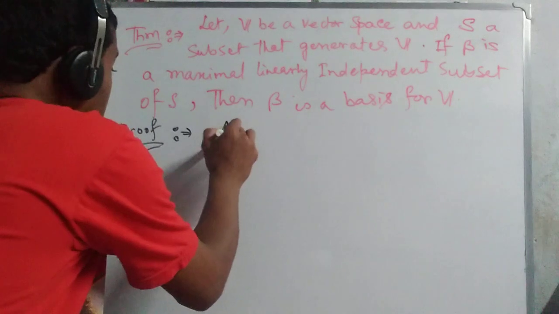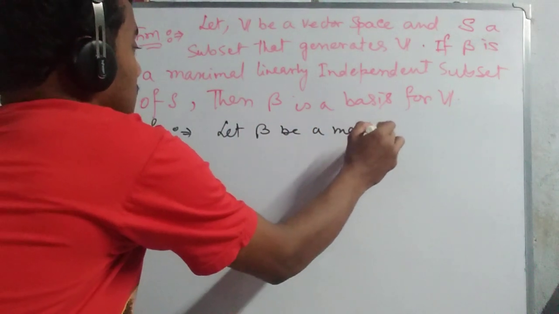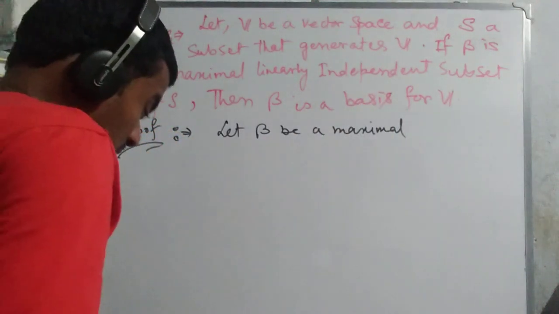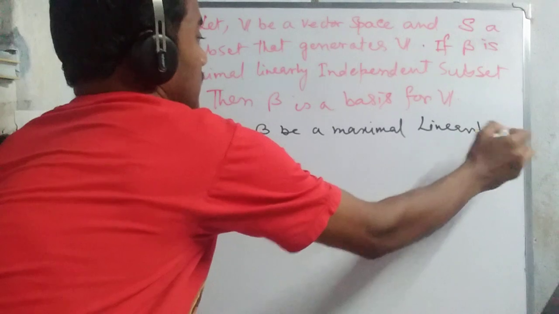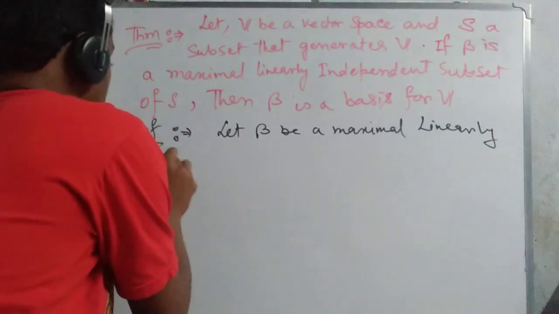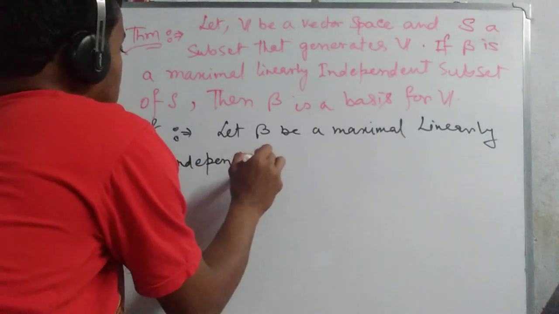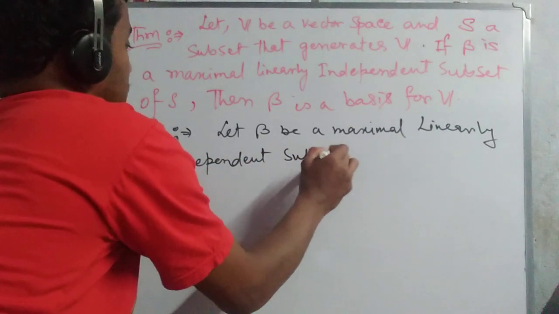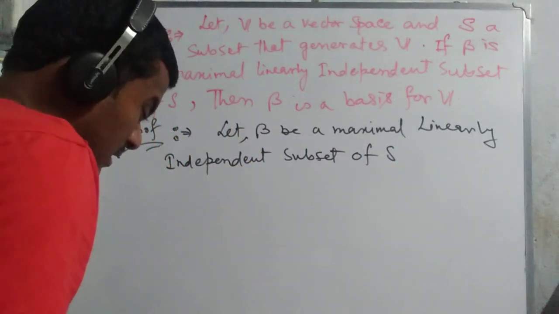What happened? Let beta be a maximal linearly independent subset of S, okay.